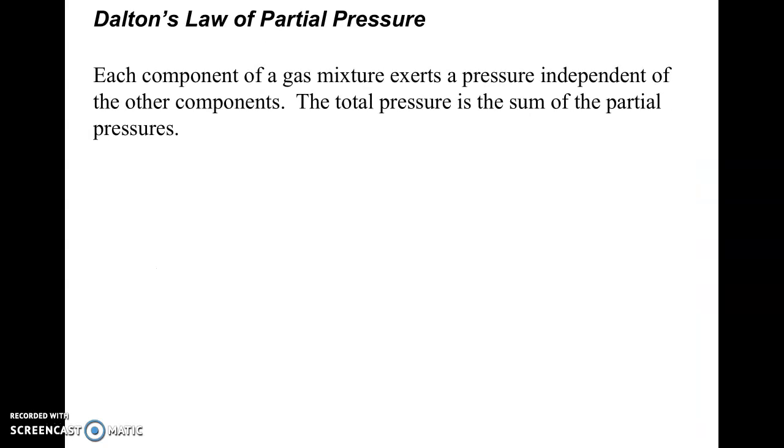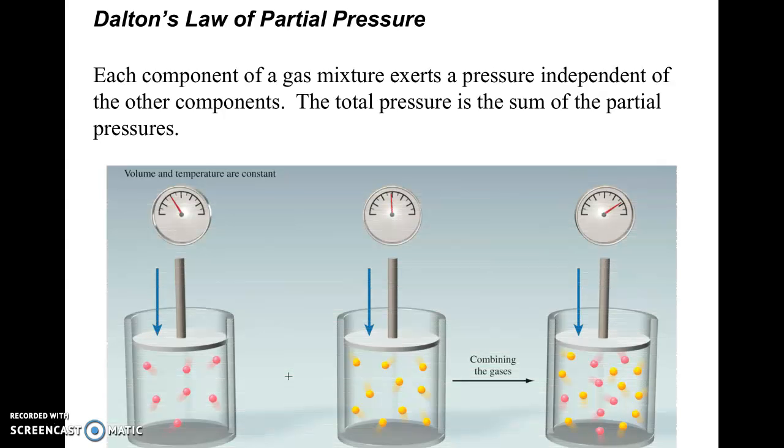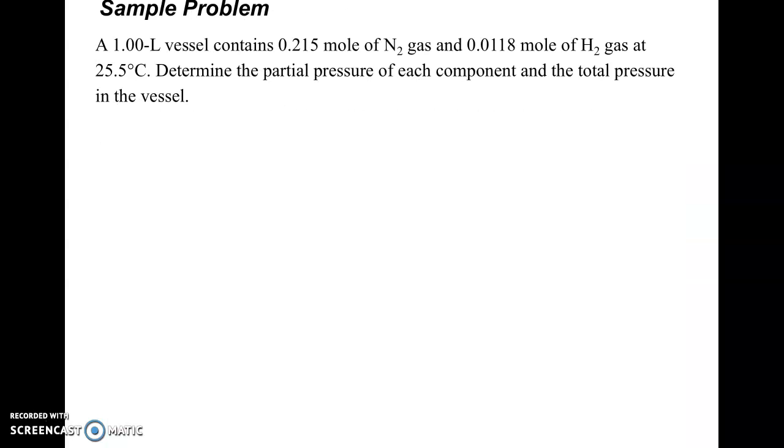Each component exerts a pressure independent of the other ones, and so we have another picture that shows they're combining and that they are very additive. We have an example problem here that we will do in class.